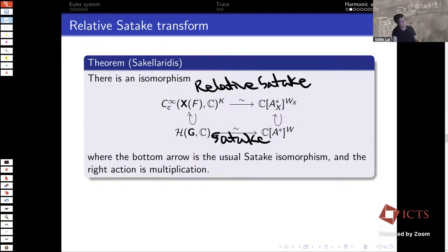And the point is, both sides are modules with respect to the Hecke algebra on either side of the usual Satake isomorphism, and this entire relative isomorphism is equivariant. And here, A_X is naturally a quotient of A.